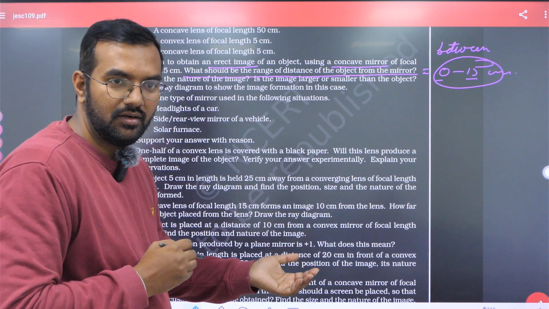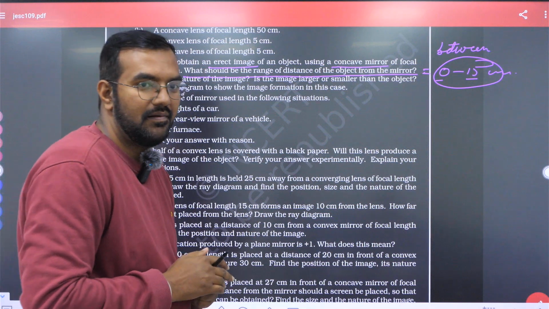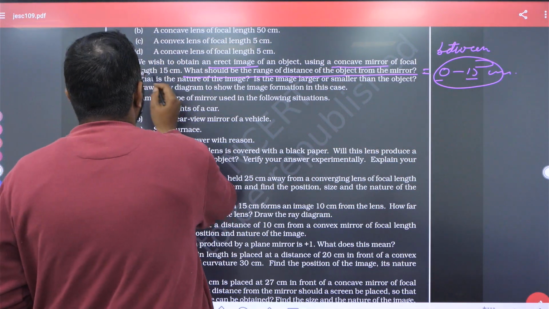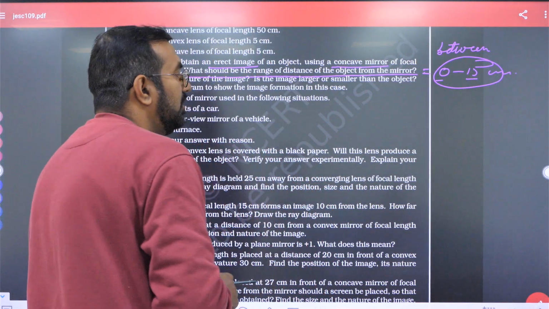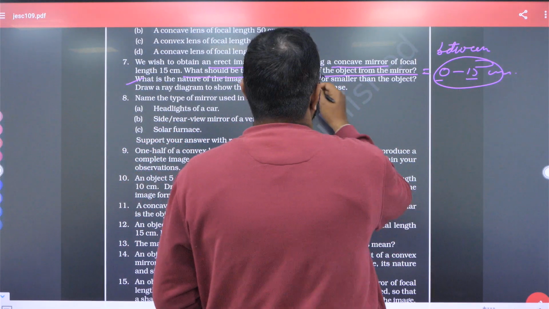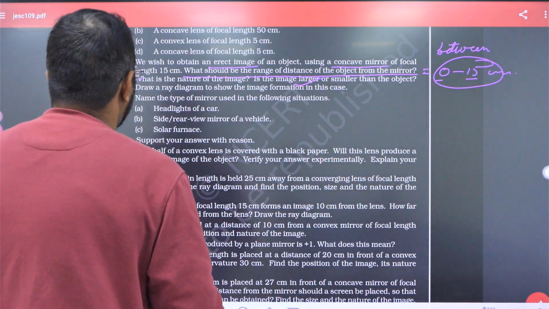Virtual. Erect, yes. Virtual and erect. Is the image larger or smaller than the object? Larger, yes. Larger. The nature is virtual and erect.